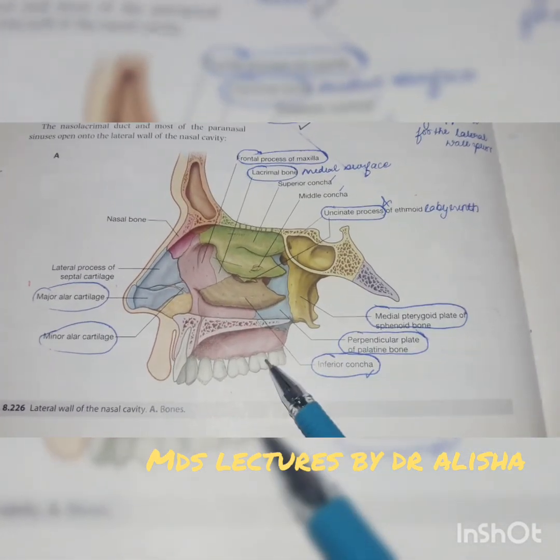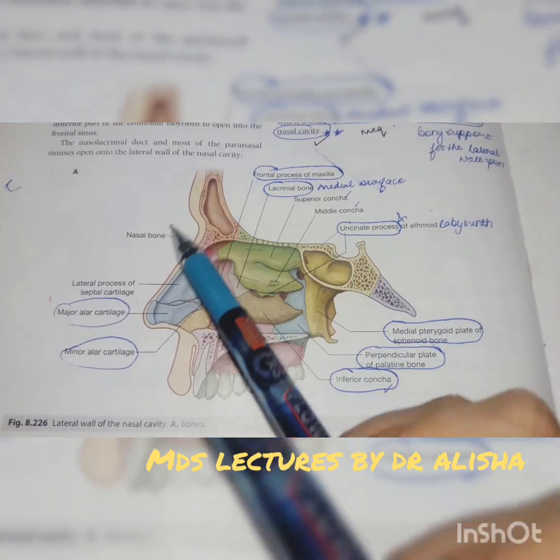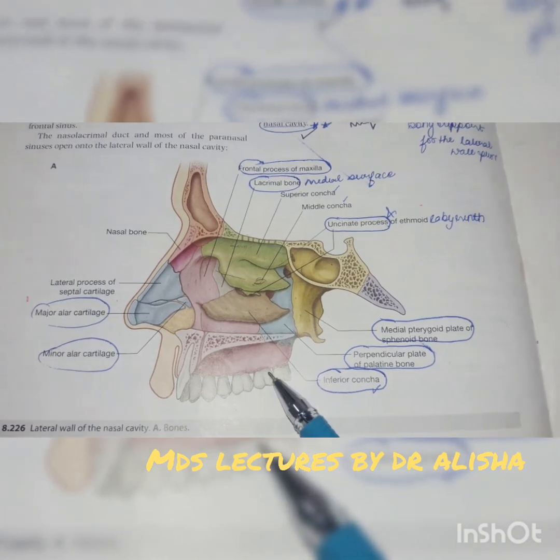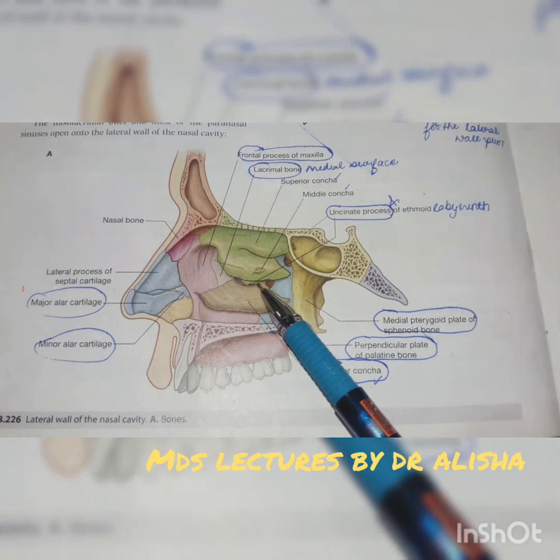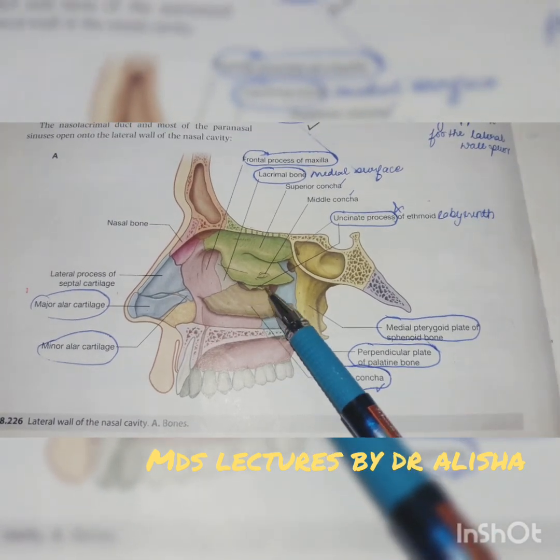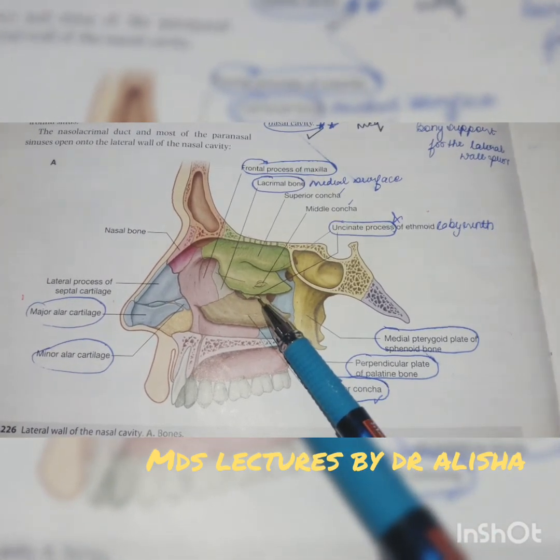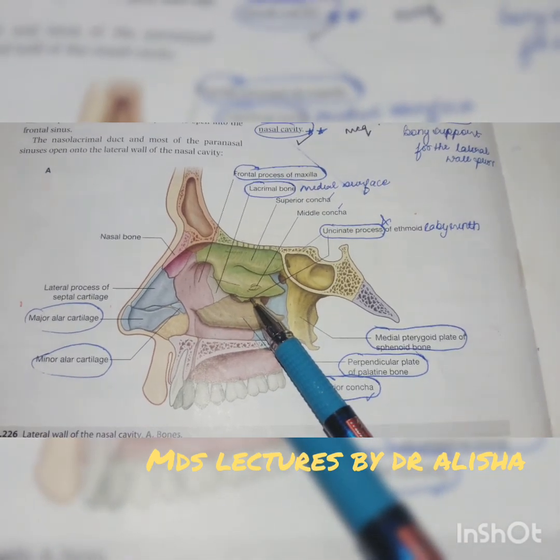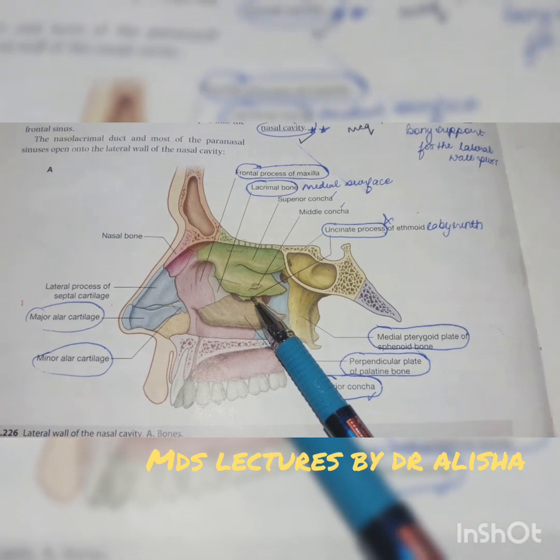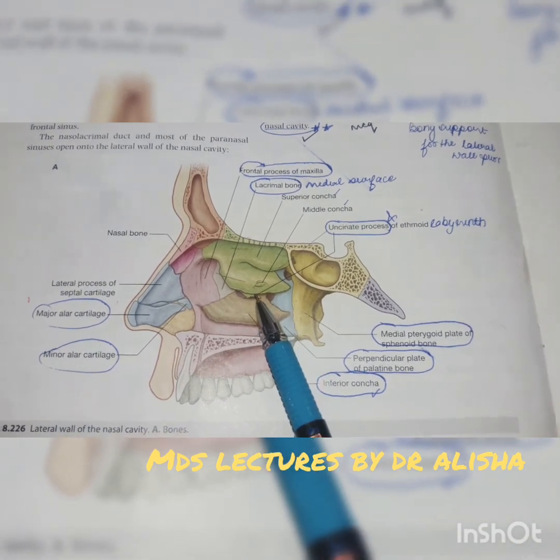The bony support for the lateral wall is provided by, starting with this one, the green colored uncinate process and the ethmoid labyrinth. This is one of the important bony supports for the lateral wall of the nasal cavity.